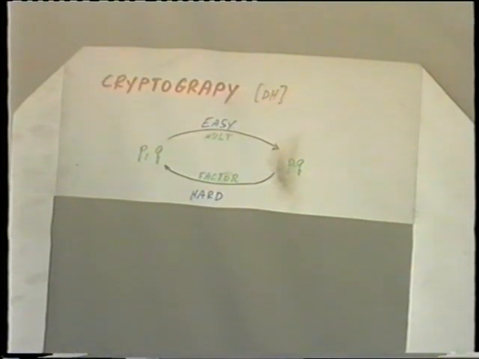There are 2 objects here, P comma Q and P times Q, which information theoretically are absolutely the same. They have the same information content. But computationally, it's easy to go in one direction, and hard to go in the other direction, and this was suggested by Diffie and Hellman in their seminal paper in '78, to use as a foundation of cryptography.